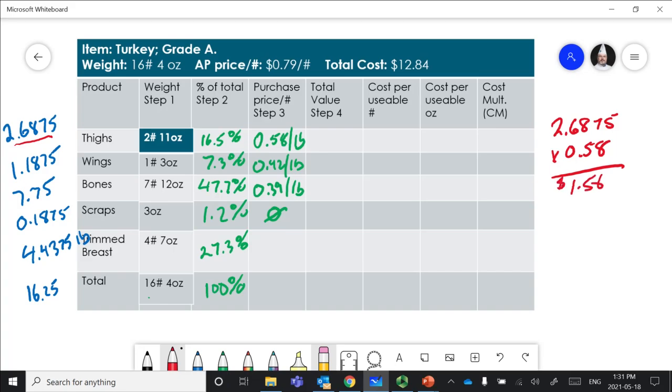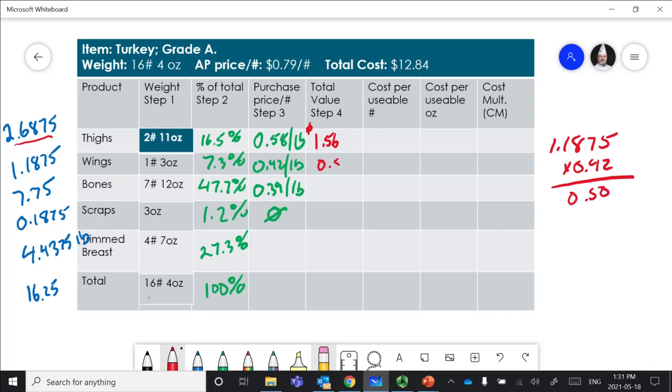So the 2 pounds, 11 ounces of thighs that I got out of my turkey, if I was to buy those from my supplier, they'd be worth $1.56. Same for our wings. We've now got 1.1875 pounds times our wing price of 0.42. That's going to give us 50 cents, 0.50. So we had 50 cents worth of wings.